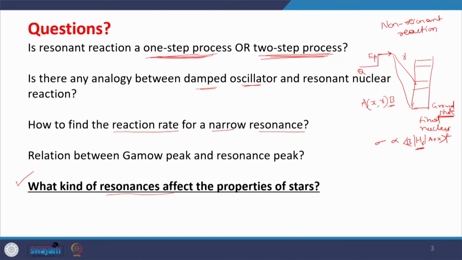Do the properties of a star depend on low energy resonances or high energy resonances? If yes, why? Let us see how we can answer all these questions while trying to understand the concept of resonant nuclear reactions happening within stars. I hope these questions are helpful to you.